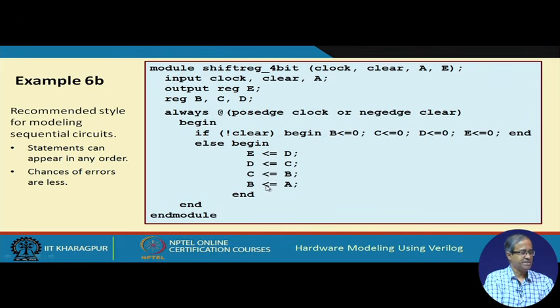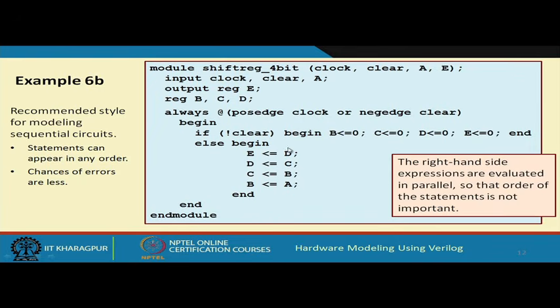So, as I mentioned earlier, for this kind of clocked sequential circuits, non-blocking assignment is a much safer option, because this is one big example: even if you just interchange these lines by mistake, your final circuit will still be a shift register, it will not change.